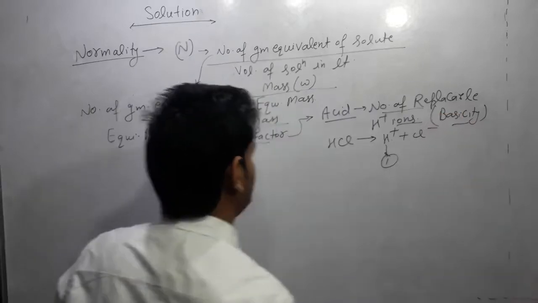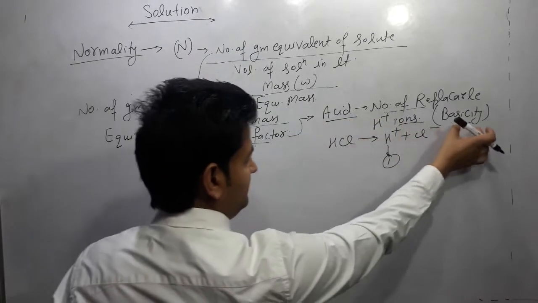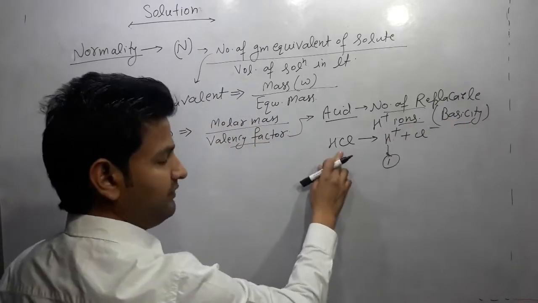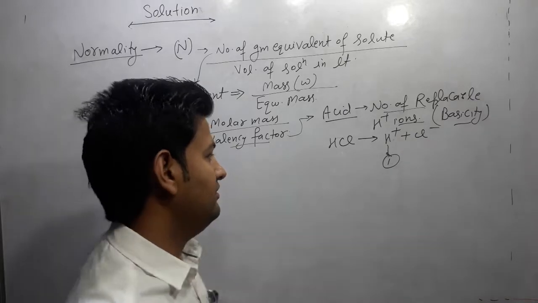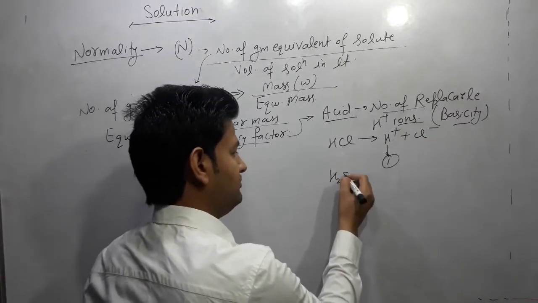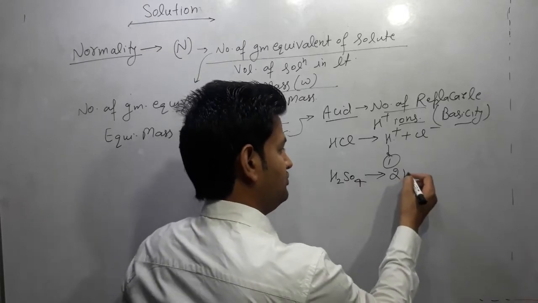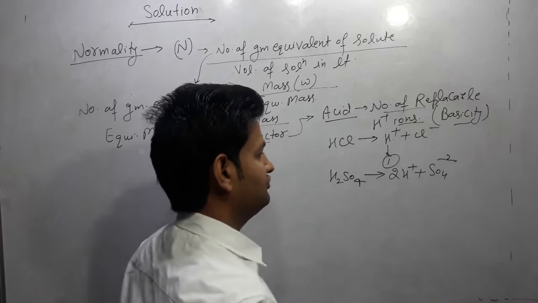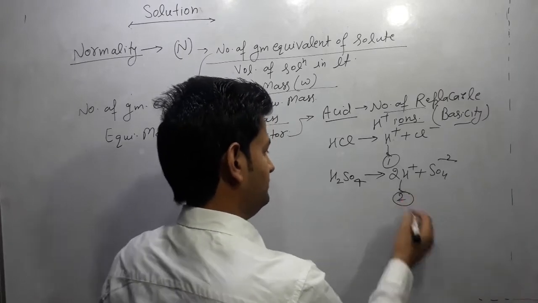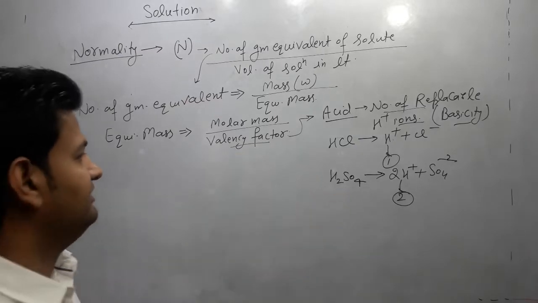In the case of an acid, the valency factor is known as basicity. So in the case of HCl, hydrochloric acid, its basicity is 1. In the case of H2SO4, sulfuric acid, it ionizes into 2H plus and SO4 minus 2, so its basicity is 2. So we can easily calculate equivalent mass in these cases.